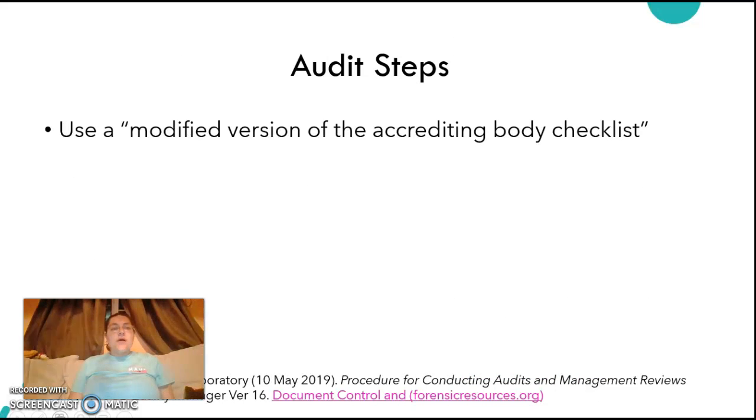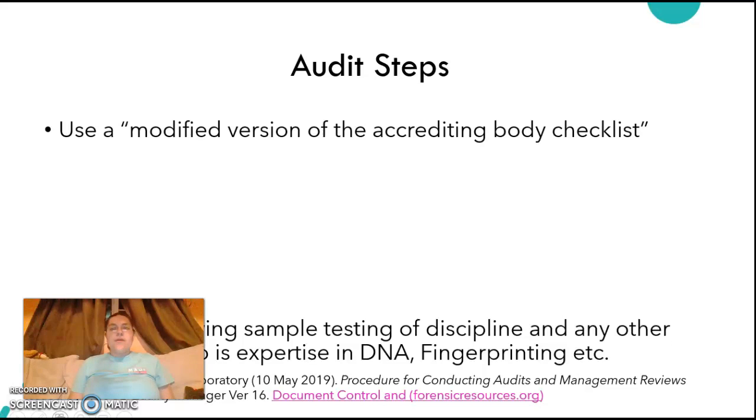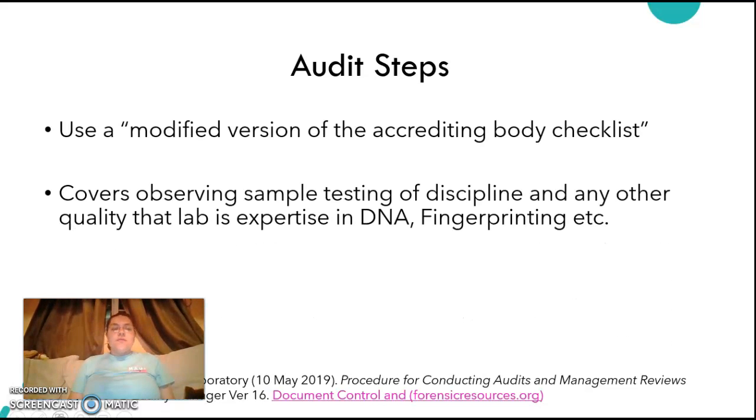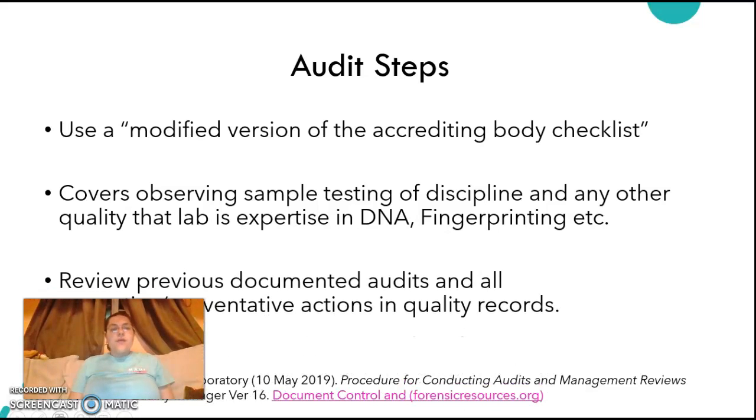This includes the auditor using a modified version of the accredited body checklist. This checklist covers observing sample testing as disciplines and any other quality that lab is expertise in.